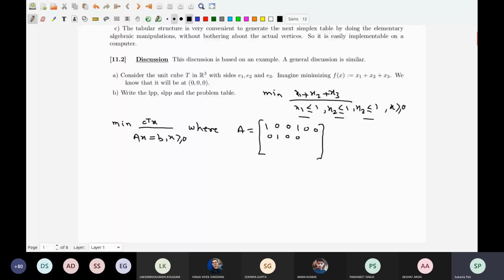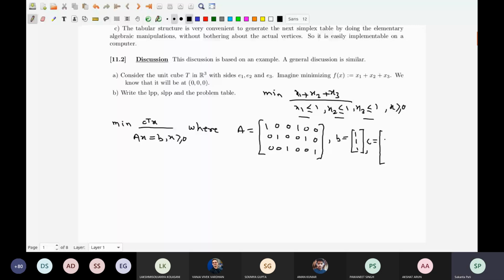This is A. B is equal to 1, 1, 1, and C transpose, which is a row vector, is equal to 1, 1, 1, 0, 0, 0, that is x1 plus x2 plus x3 plus 0 x4 plus 0 x5 plus 0 x6.